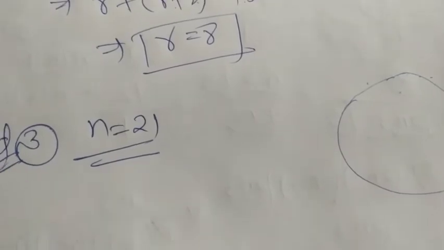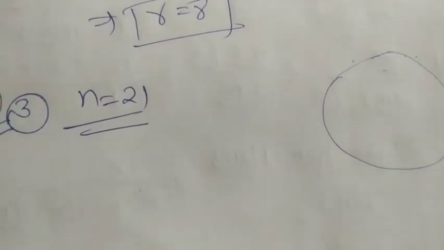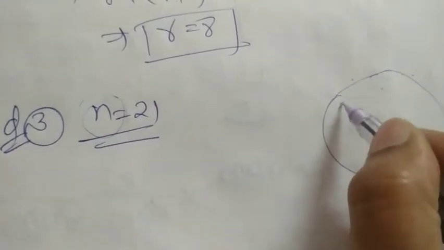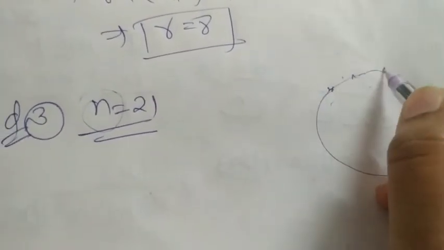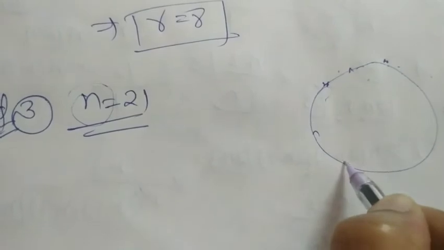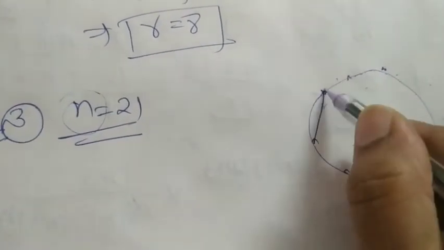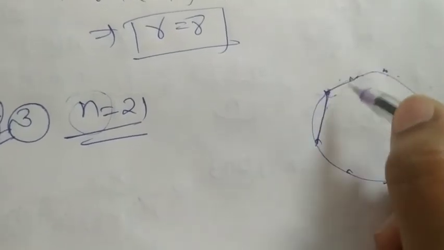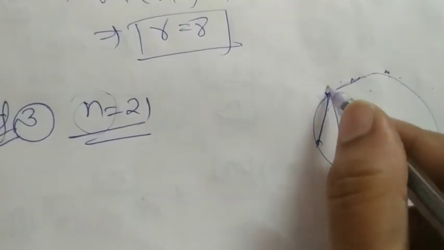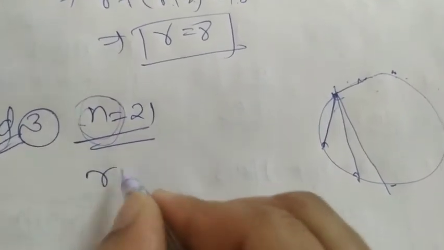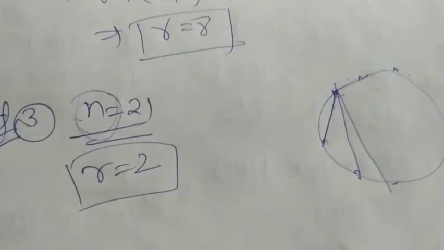We require only 2 points. To make a chord, I just have to make a group of 2, like this. It means from these 21 points I have to make a group of 2.